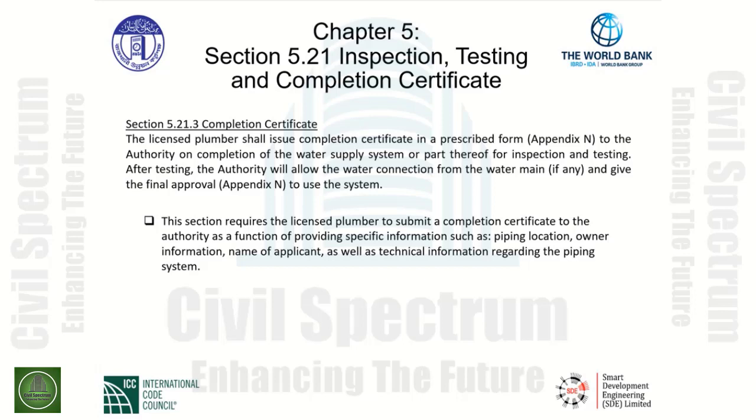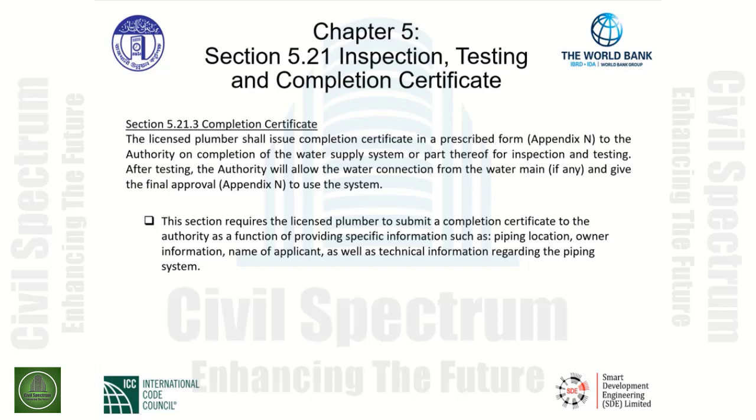After testing, the authority will allow the water connection from the water main and give the final approval to use the section or to use the system if it's a brand new water supply system.